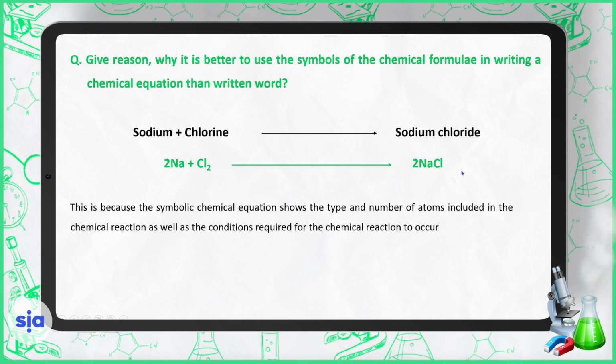So you can, from the symbolic equation, know that in this equation, two single sodium atoms will react with a molecule of chlorine, which consists of two chlorine atoms. And we can represent above the arrow the conditions required for the chemical reaction as well. So generally speaking, the symbolic chemical equation is better than the equation written in words.